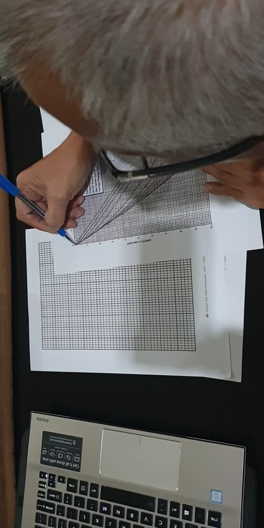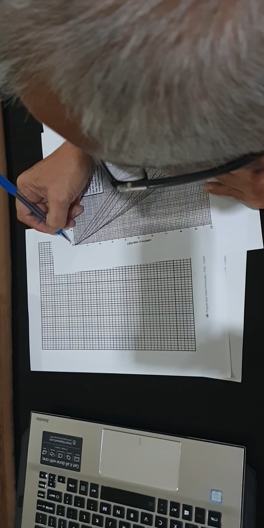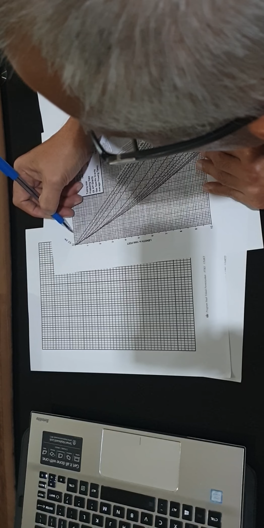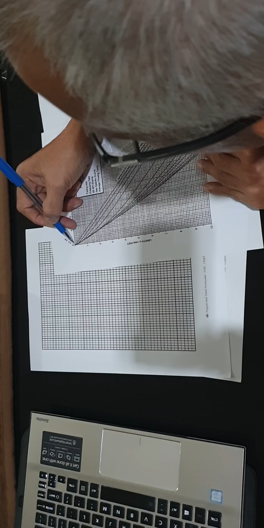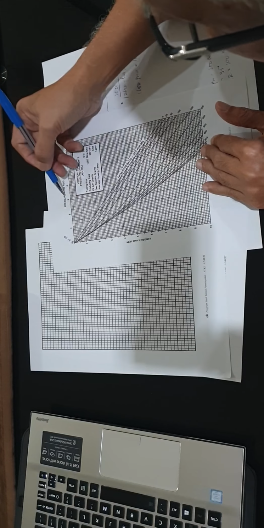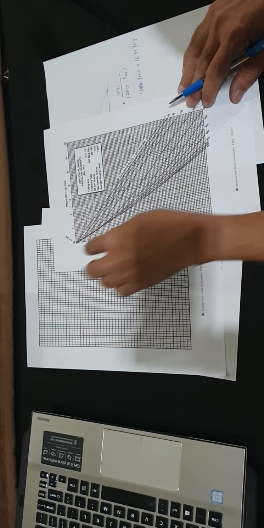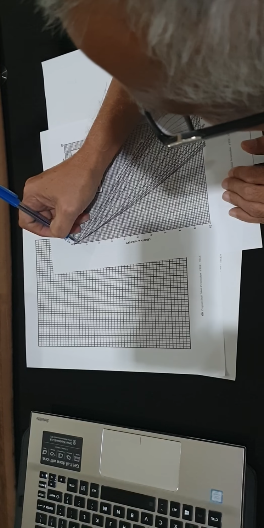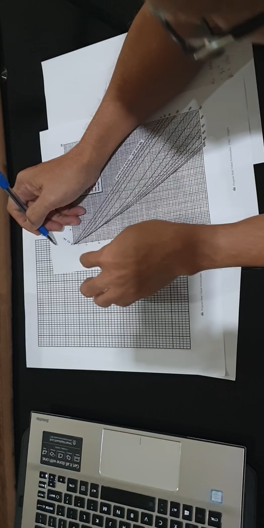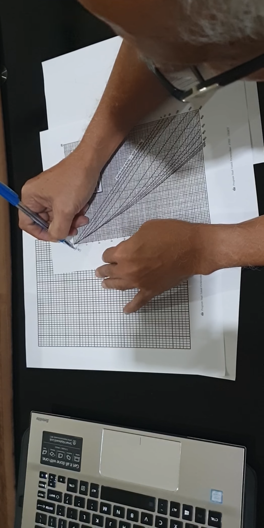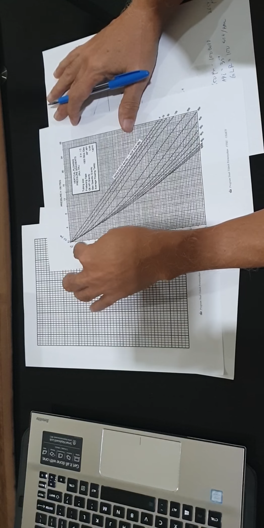So one column here is 40 psi. So this is 1, 2, 3, 4, 5, 6, 7, 8, 9, 10. This one 400, 800, 1200, 1600, 2000. And the length, one column here is 100. This is 1200. This is 100 feet. Okay. So this is 1000, 2000, 3000.